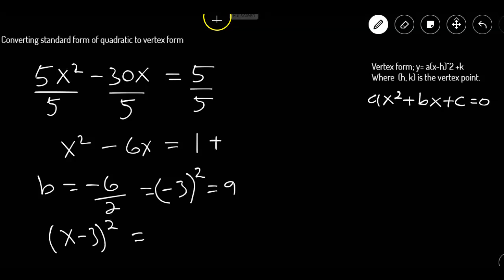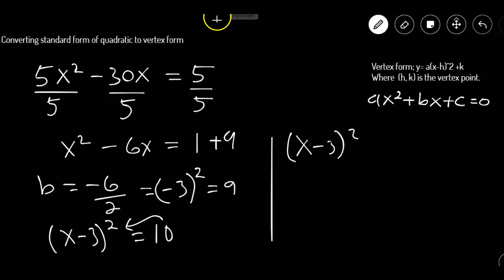We add it to the constant here, and that gives us 10. We bring it back to the fold. So we get x minus 3 all squared minus 10 equals 0.